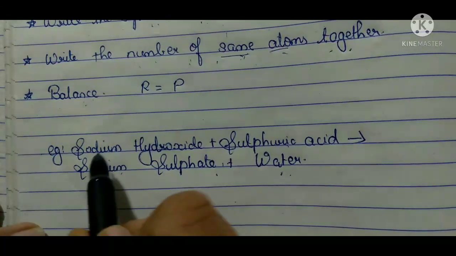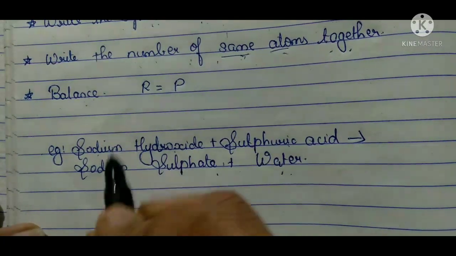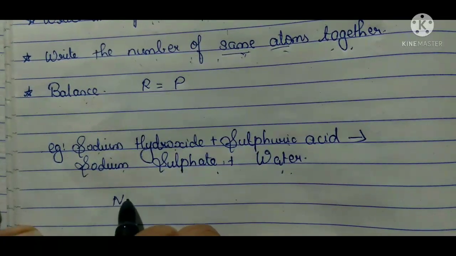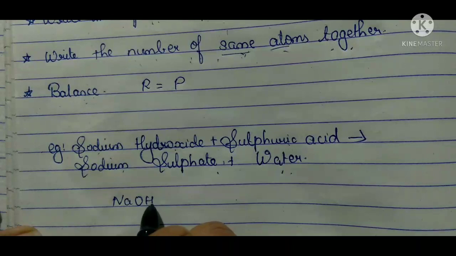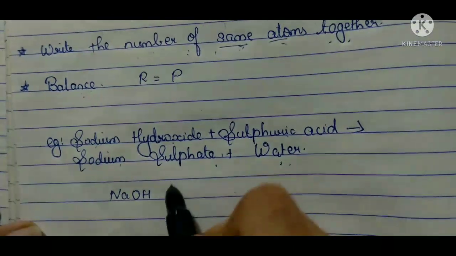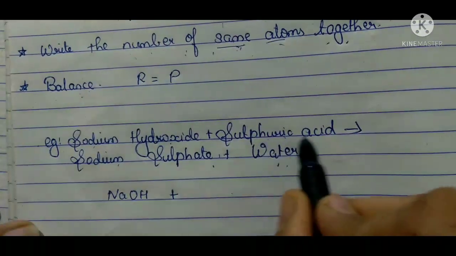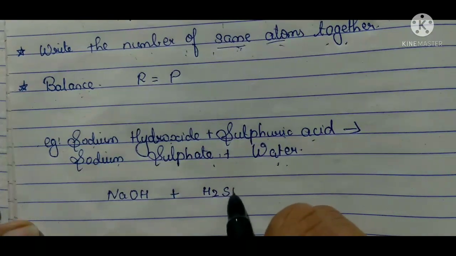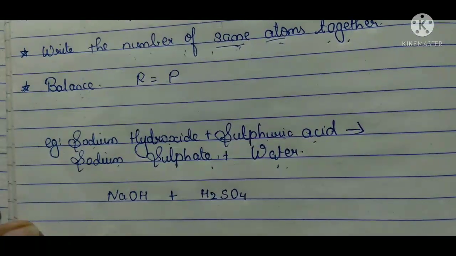Clear? Now, the molecular formula of sodium hydroxide is NaOH, plus sulfuric acid, H2SO4.